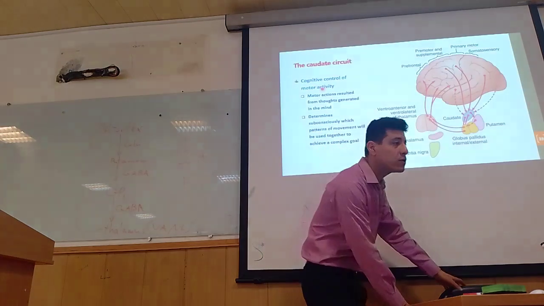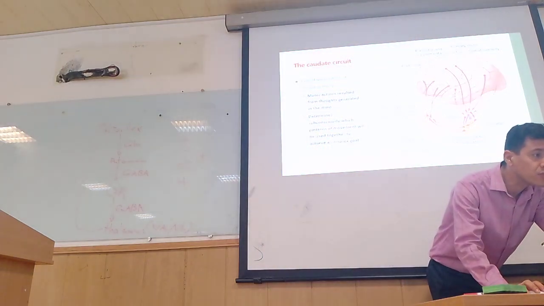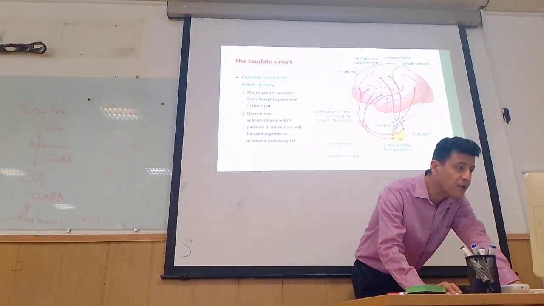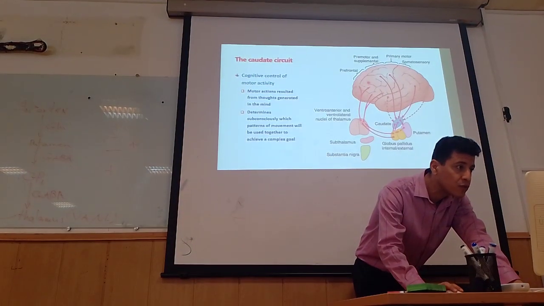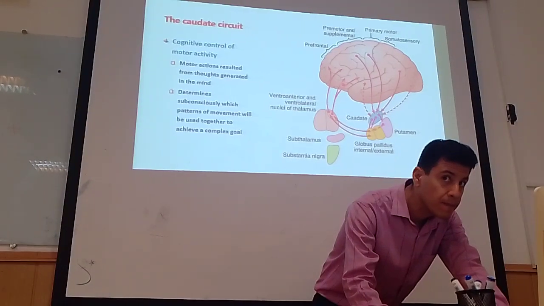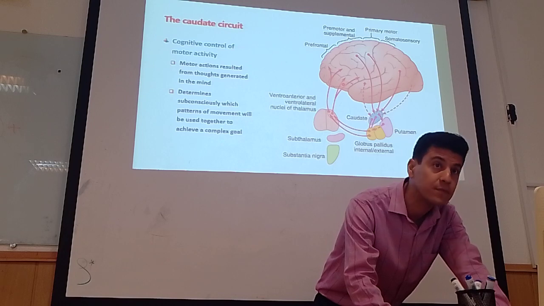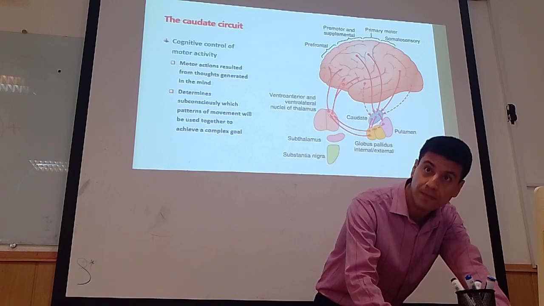So for cognitive control of movement, anything is different. Information comes to the caudate nucleus, they go to the direct and indirect pathway, then they come back to the cortex. But they go to the prefrontal cortex here, an area of the cortex important for thinking and for planning, decision making. Right?